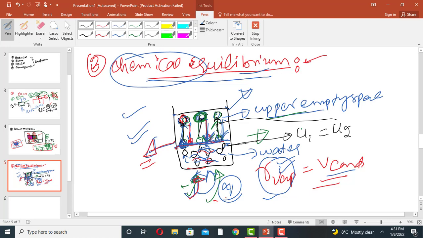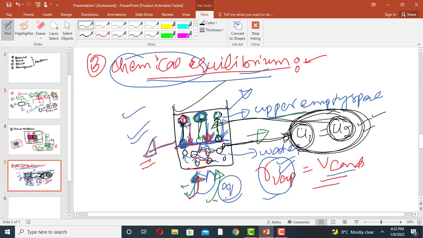So the chemical potential of the liquid phase is denoted by μL, and the chemical potential of the vapor phase is denoted by μV. At equilibrium, the chemical potential of the liquid phase will be equal to the chemical potential of the vapor phase. When both chemical potentials become equal, then we will say that this system is in chemical equilibrium. Now this chemical potential is nothing but the Gibbs free energy per mole.